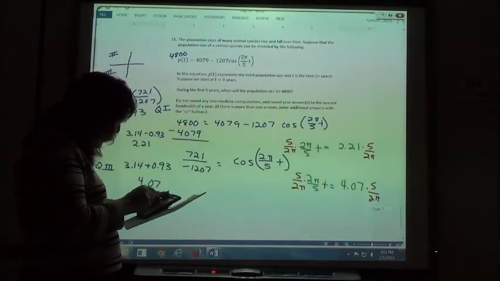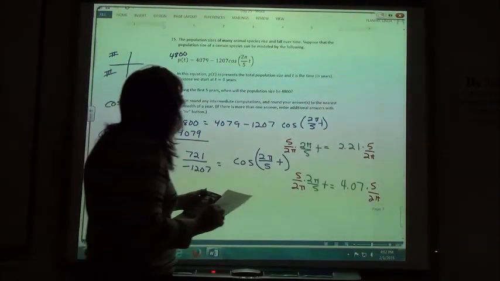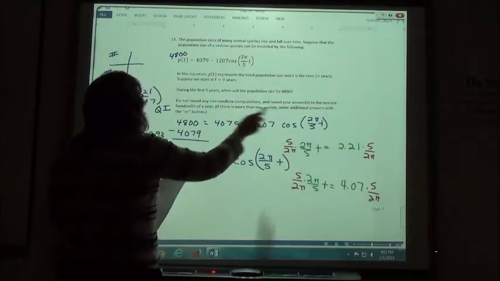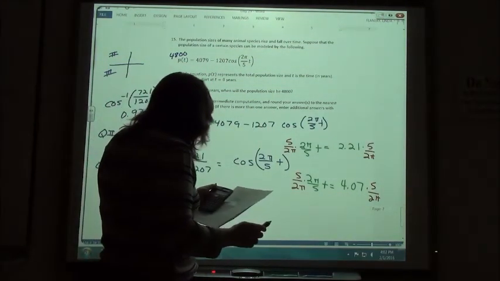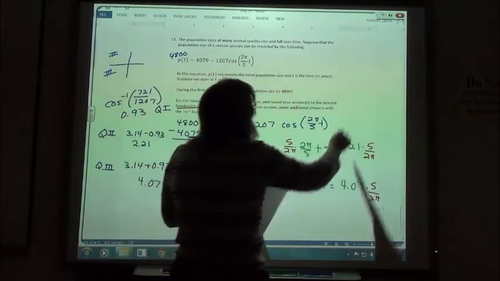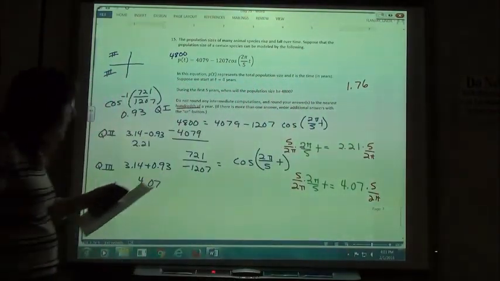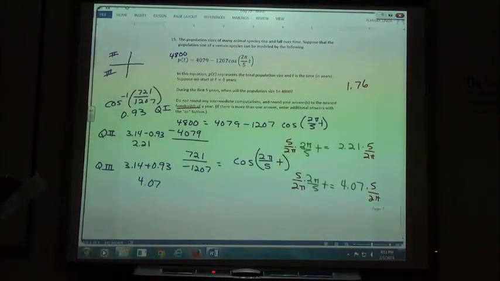So 2.21 times 5 divided by 2 pi gives me, what am I rounding to? Round your answer to the nearest hundredth. So I have 1.758, which rounds off to 1.76.